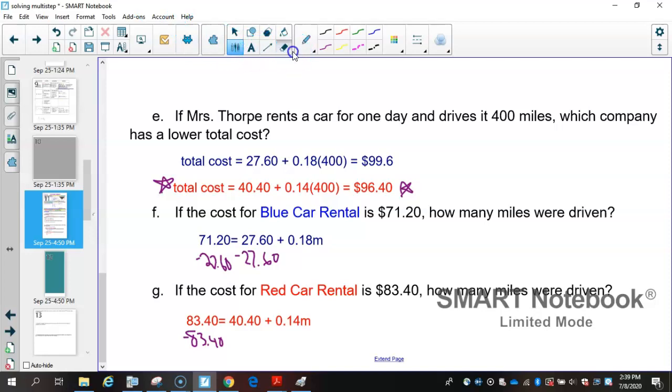Oops, I started doing the wrong thing. Should be subtracting 40/40, not 83/40.